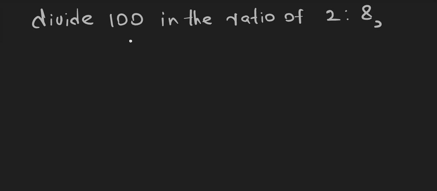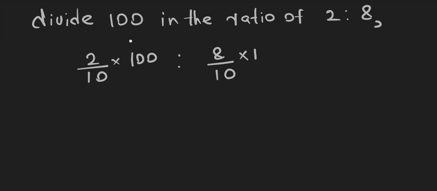Now in this instance, we can write these fractions as 2 over 10 into 100 is to 8 over 10 into 100, because 2 plus 8 is 10. So we are required to find the part of 100 related to 2 out of 10. Similarly, find the part of 8 over 10 from 100.